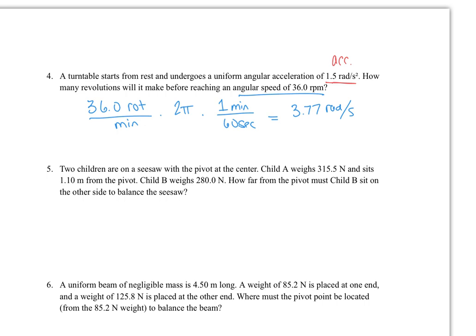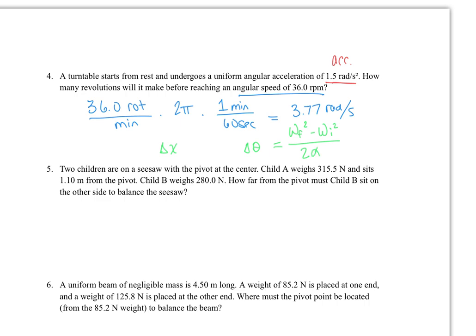If you'll remember, change in x is what we used to use. Change in theta is what we use now. So change in theta is going to be my final velocity squared minus my initial velocity squared over 2 times my acceleration.